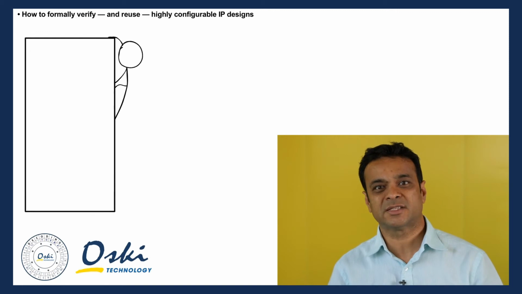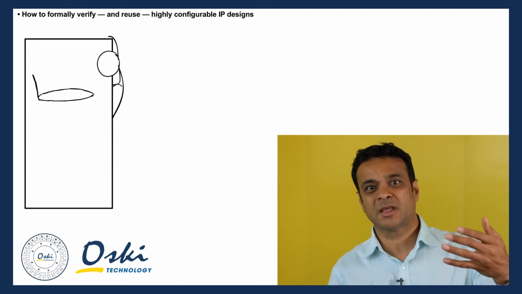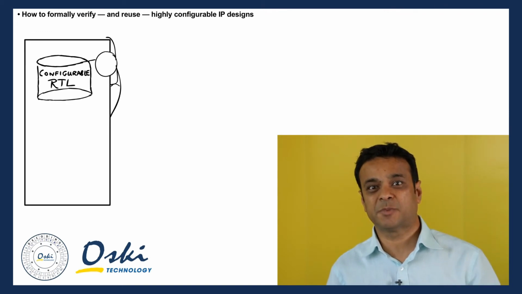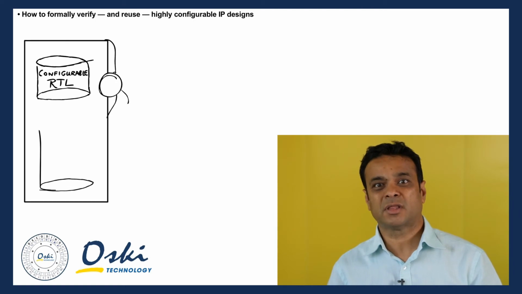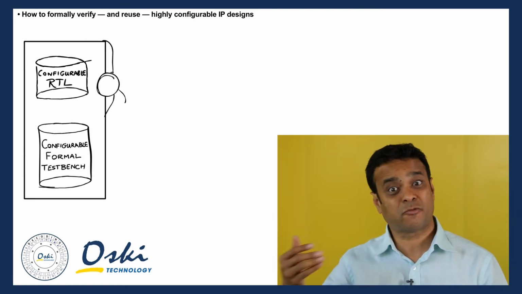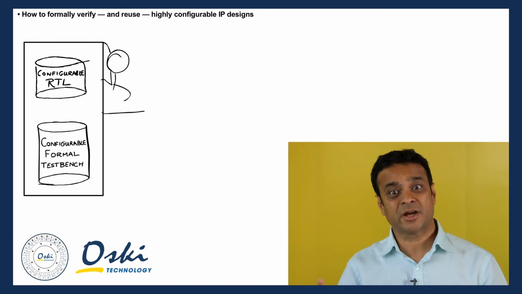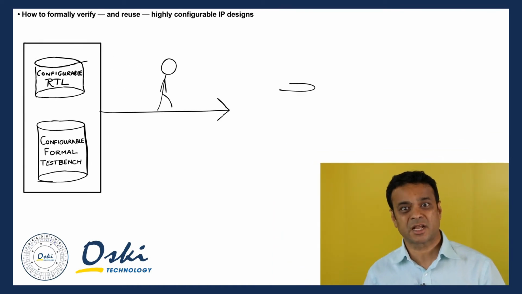What you want to do is ask the IP vendor for not just the design IP that's been configured for the configuration that you choose, but also the formal test bench, the checkers, the constraints, and the scripts.